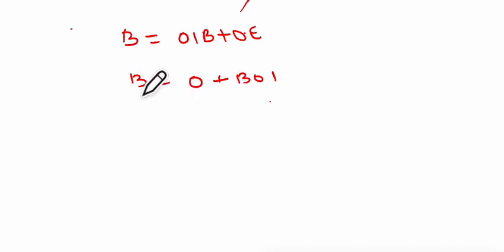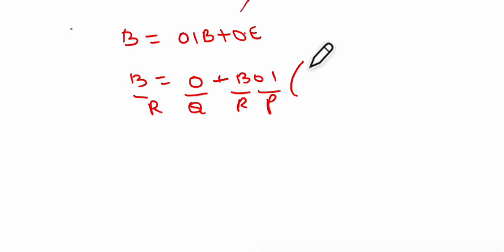Now we write it in the form R equal to Q plus RP. Here B is R, 0 is Q, and the rest of the thing is P. Based on Arden's theorem, if the equation is in the form R equal to Q plus RP, we have the solution R equal to QP star.